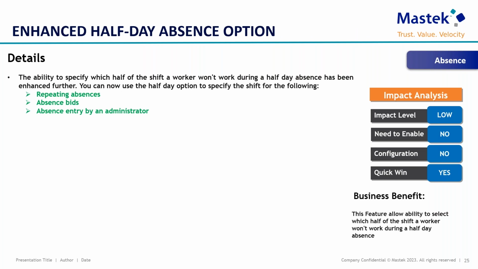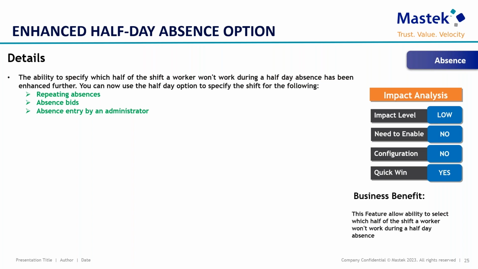The next one is enhance half day absence option. With this feature in Redwood UI, we are enabling the ability to specify which half day of a shift a worker is working and during what time duration the worker is not working.